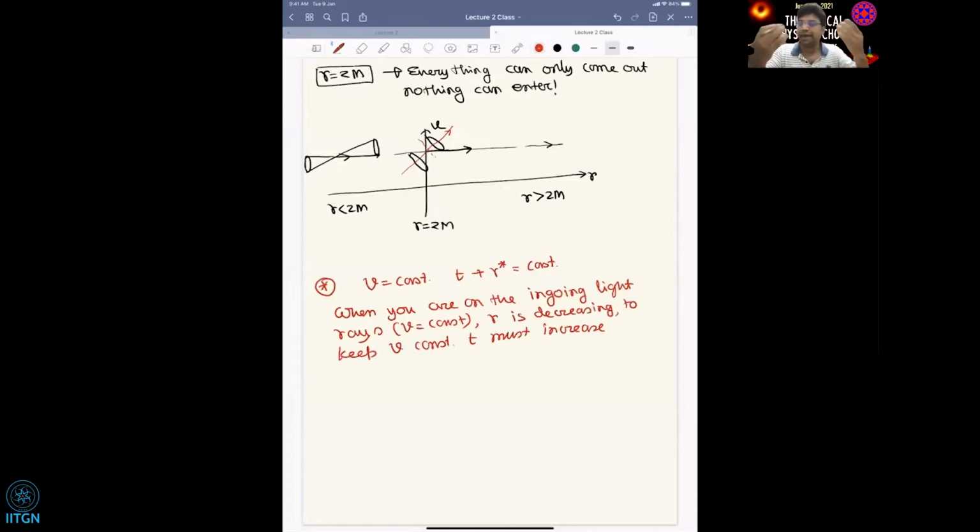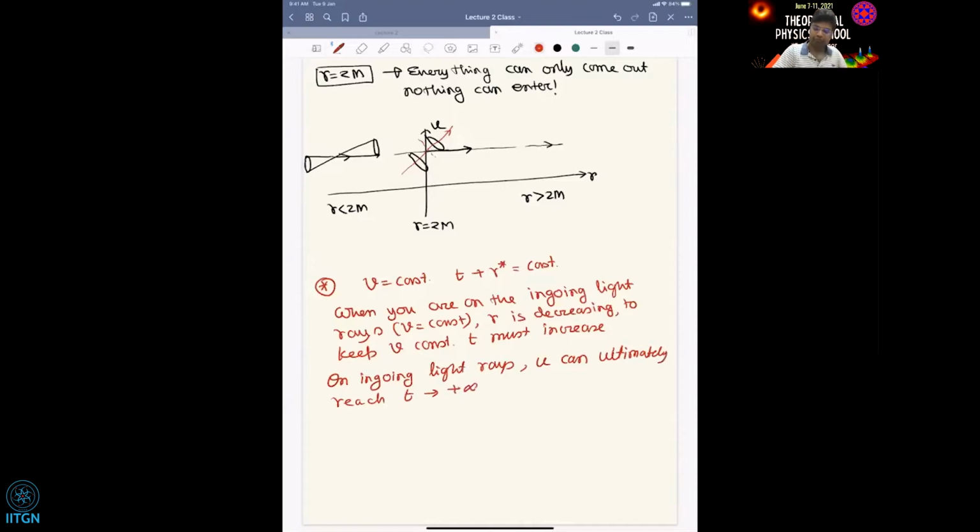And what is the maximum value t should reach? You can go up to t goes to infinity. So on ingoing light rays, you can ultimately reach t goes to positive infinity.